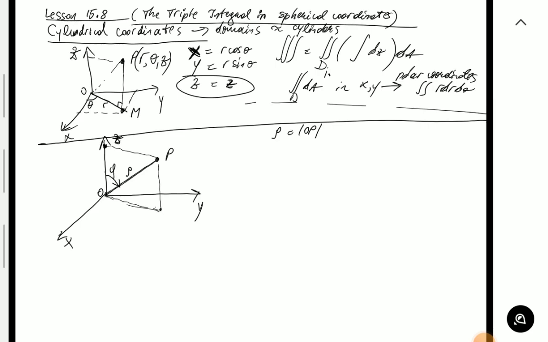Again, to use the notation. So phi is going to be the angle between OZ to OP, downward, okay, from your perspective. Let's denote by M the projection of P to the xy plane.